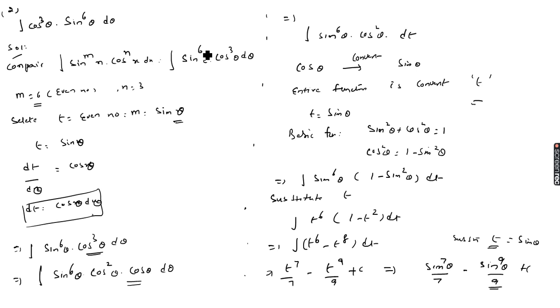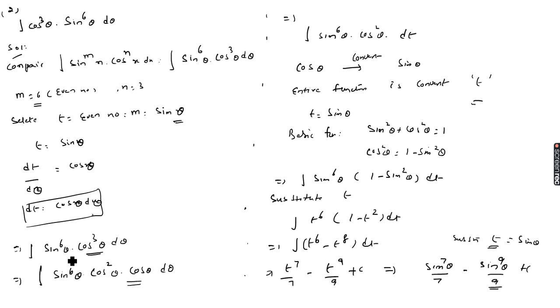Here m equals 6 and n equals 3. Which one is the even number? The even number is 6, that is m. The t equals sin theta. Differentiating t with respect to theta, we get cos theta, since the differentiation of sin is cos theta. So dt equals cos theta into d theta.